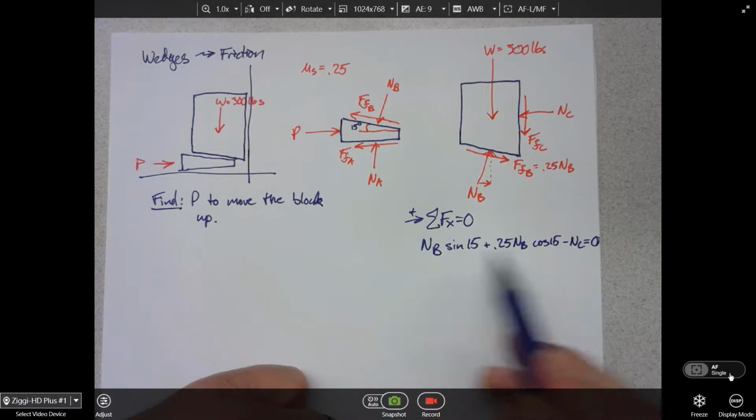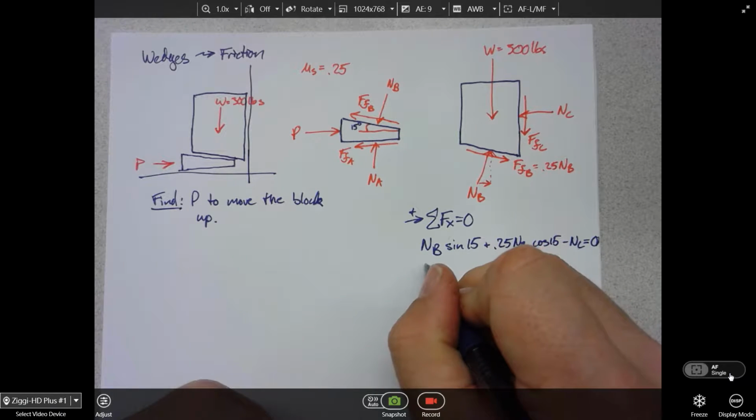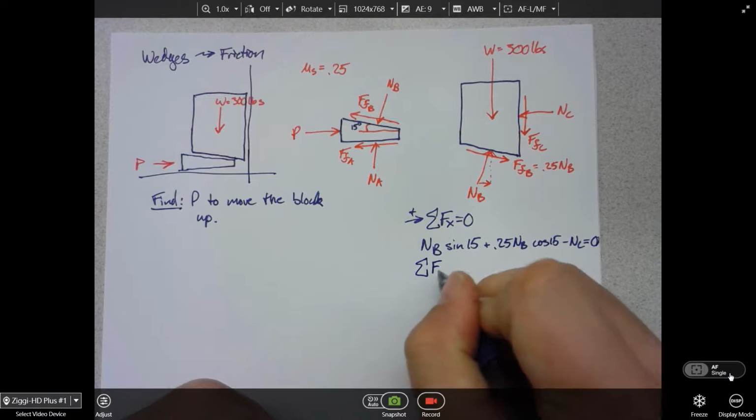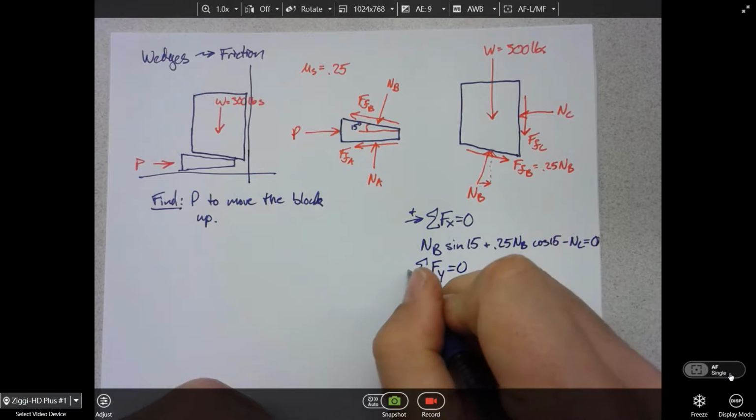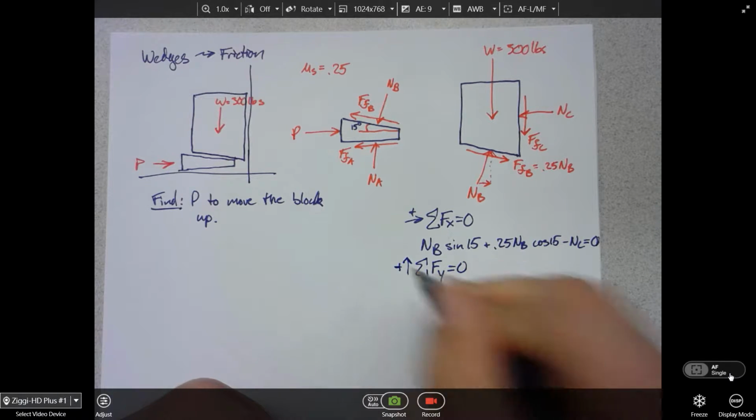So it looks like I have 2 unknowns. Let's keep going. Sum of the forces in the Y has to be equal to 0.